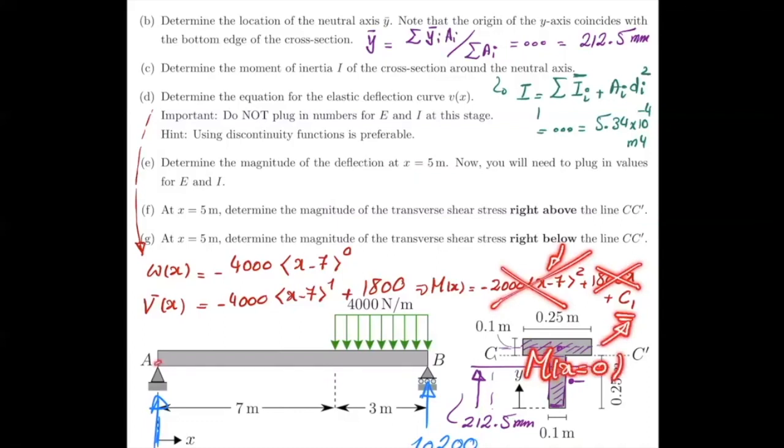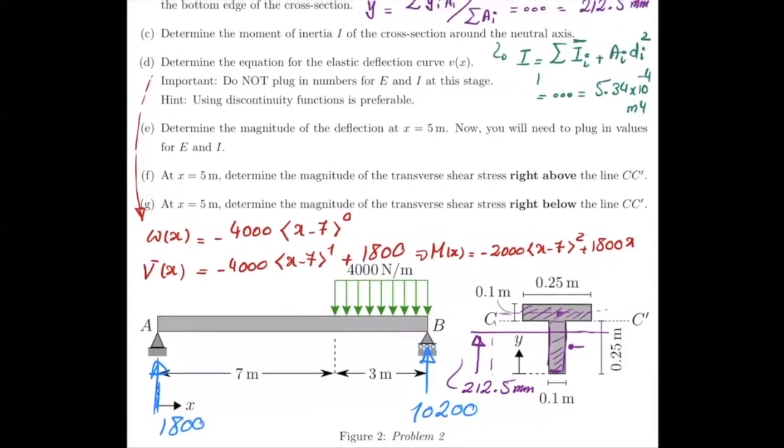So what is the moment at x equals 0? It's just 0 because it's a pin support. So C1 is 0 here. So that's your moment equation basically. All right, so now that you have the moment equation, what you need to do is to use that to calculate deflection. And for that, remember, the formula here is EI v double prime equals M.